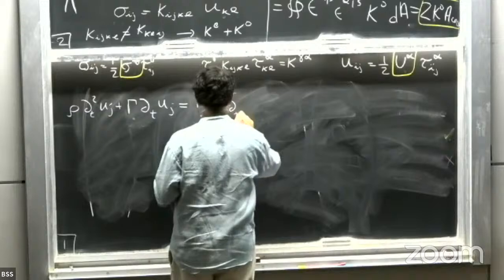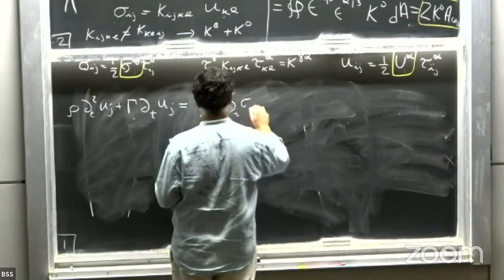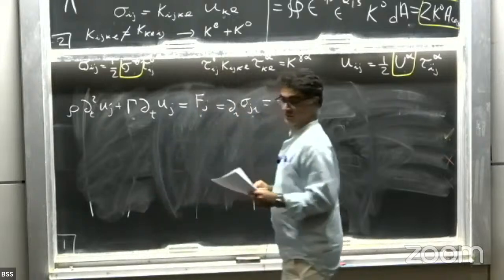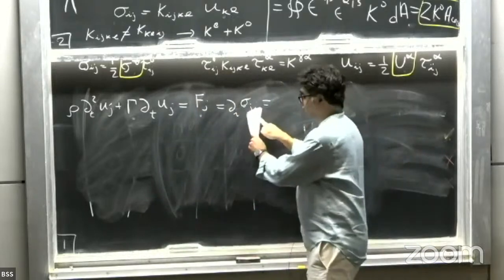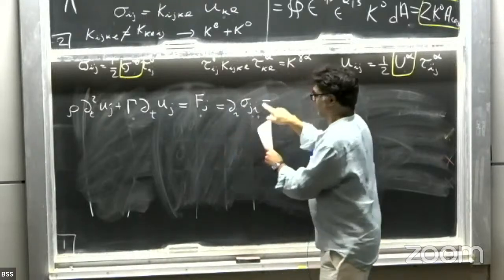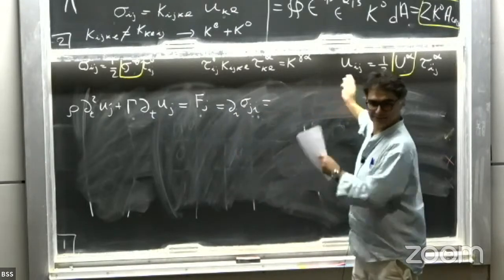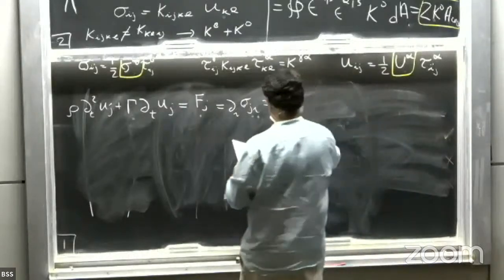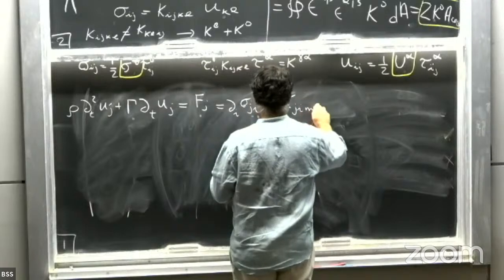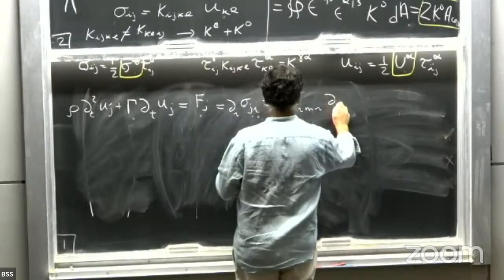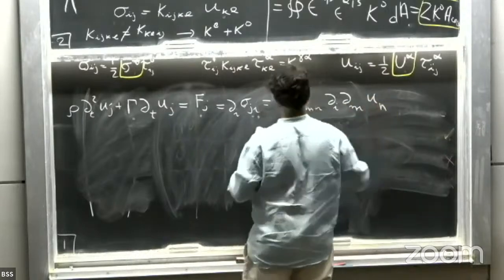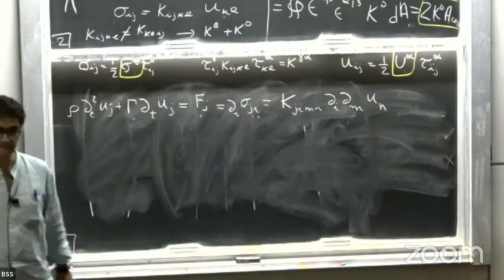It's going to be di sigma ji. Okay, now sigma ji is kjimn times the other one. So this thing will look like kjimn di dm un. Okay.